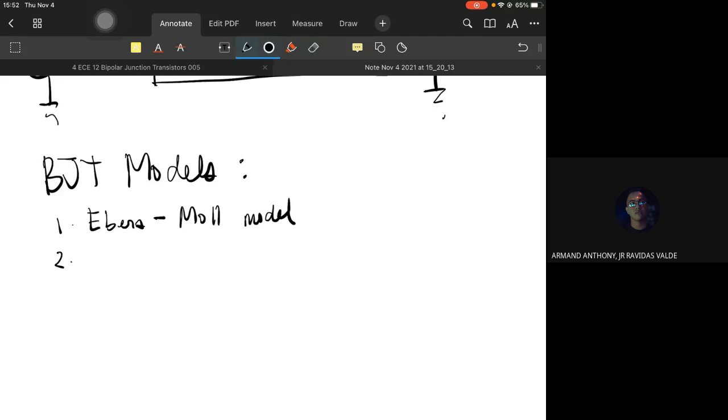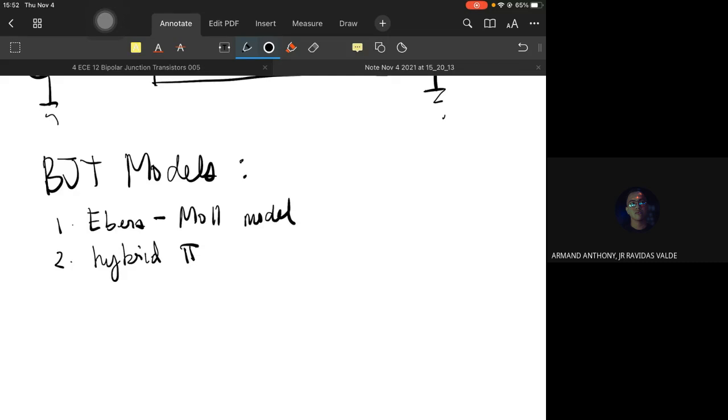Siguro na reason nga nung we'll be using the model that we'll use. Another model would be the hybrid pi model.